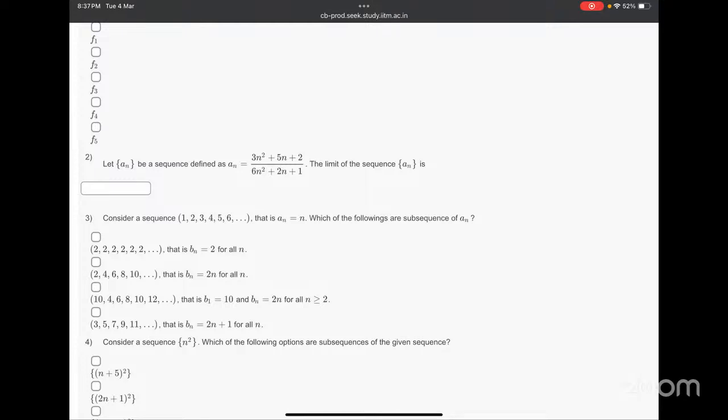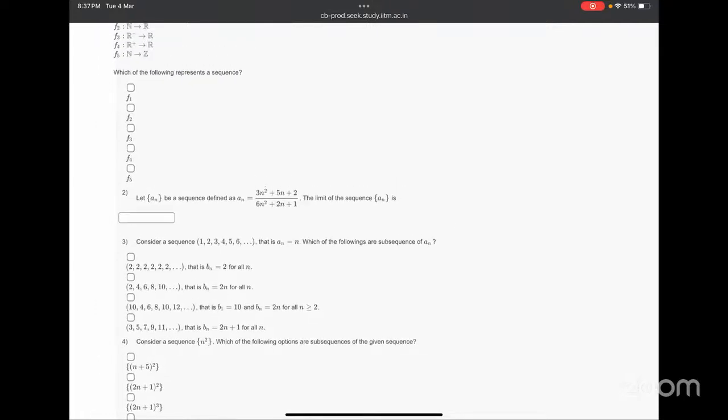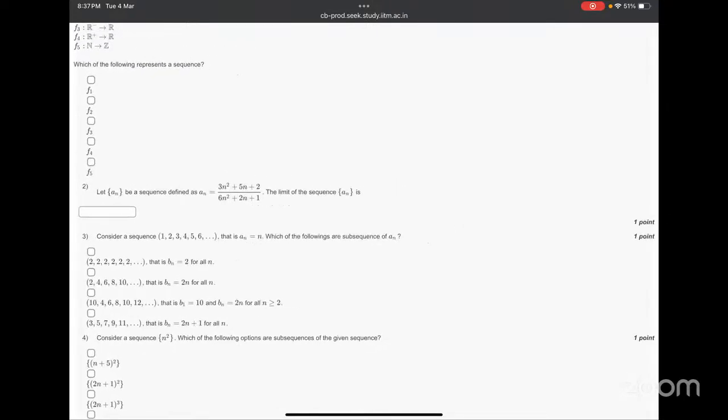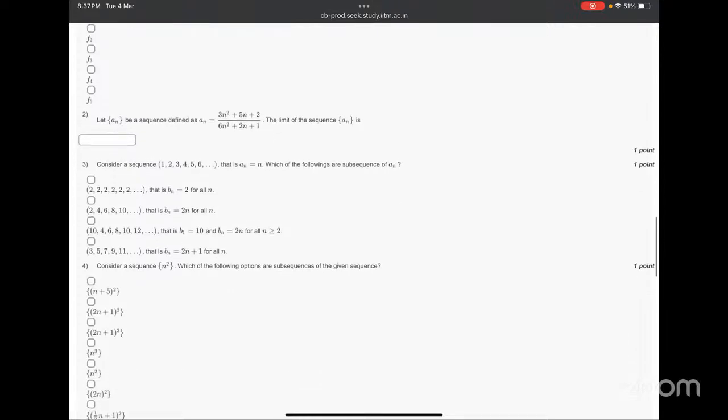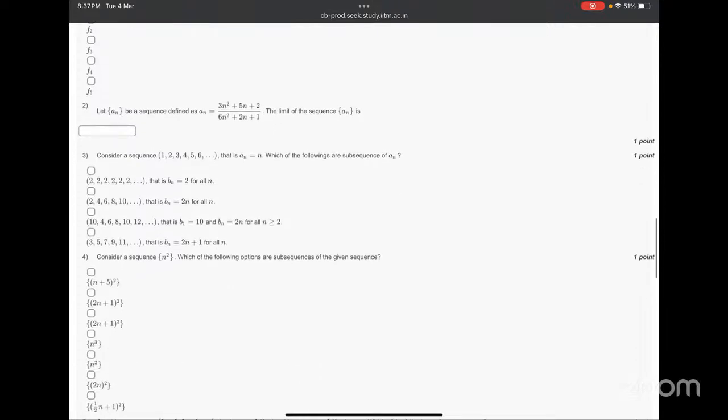Correct. We have 3 by 6, that means half. I wrote it as 2 by 1 and got 2 as the answer, some calculation problem. Okay, I got it.